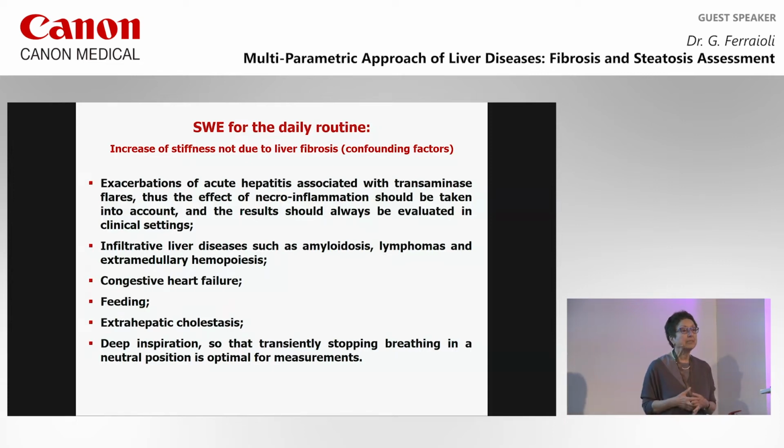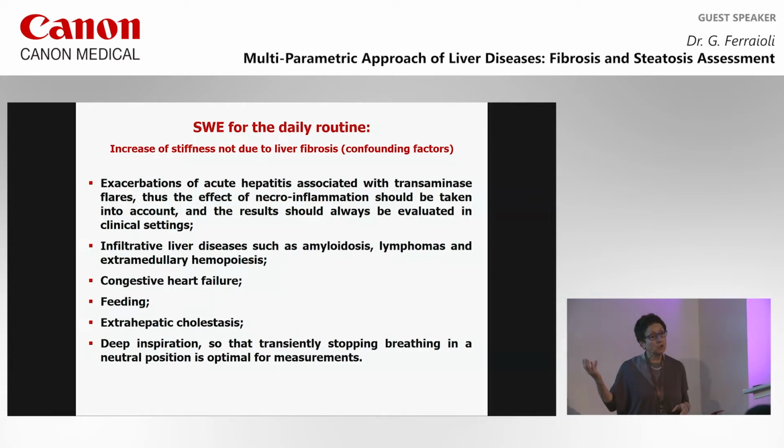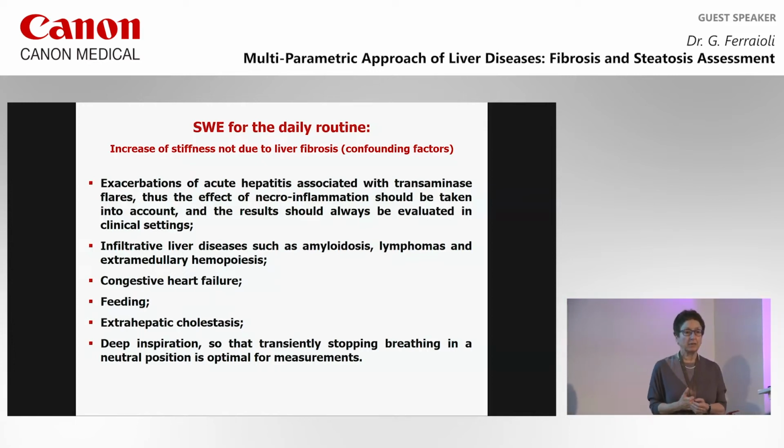As it happens in extrahepatic cholestasis because of the increased quantity of bile in the liver, or after eating because there's an increase of the portal blood flow, and in congestive heart disease because of congestion of the liver. So it's important to exclude all these confounding factors when we perform the measurement and give the results.